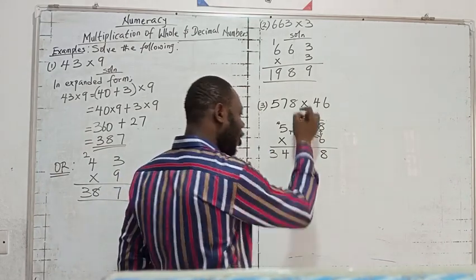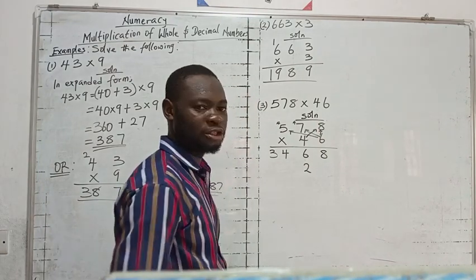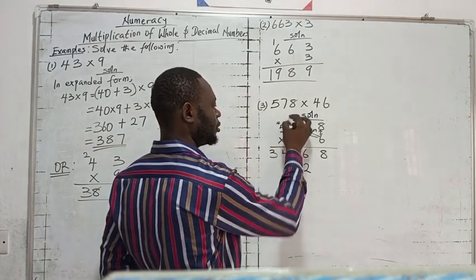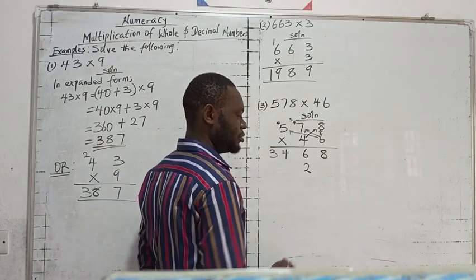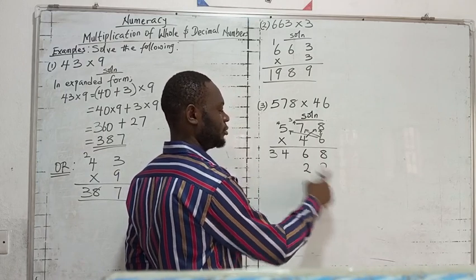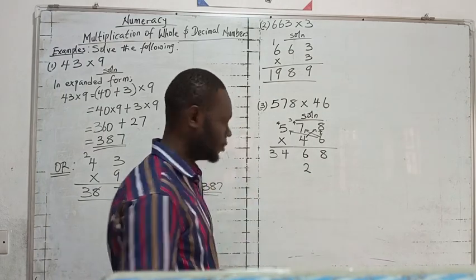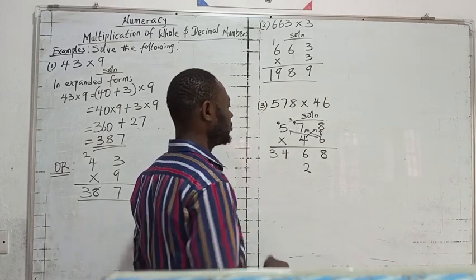Now we write it under the number we are using to multiply. So we write 2 there and carry 3. Please don't write the 2 here. If you put it there, you will fail. Put it under the number you are using for the multiplication.